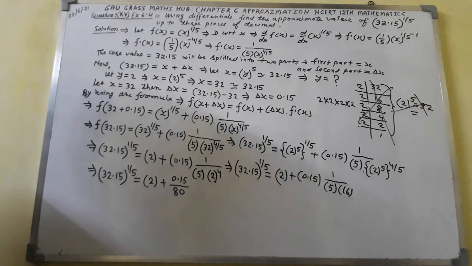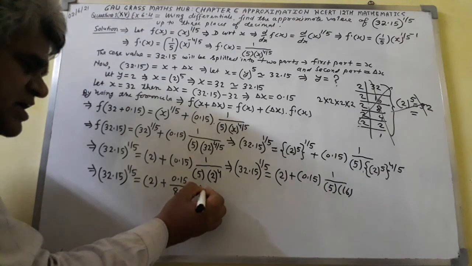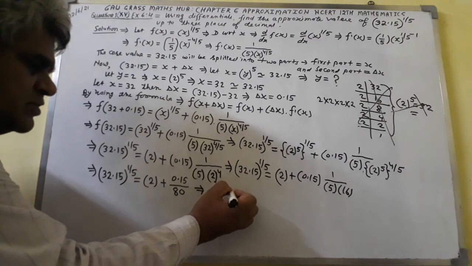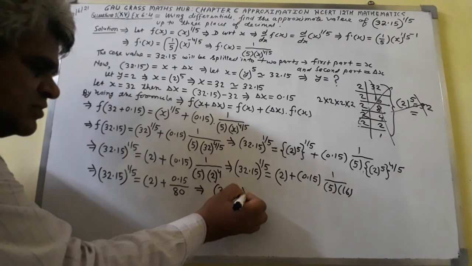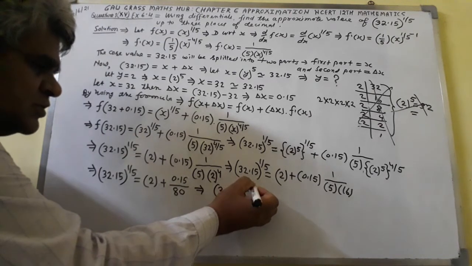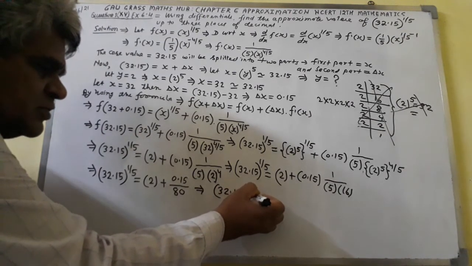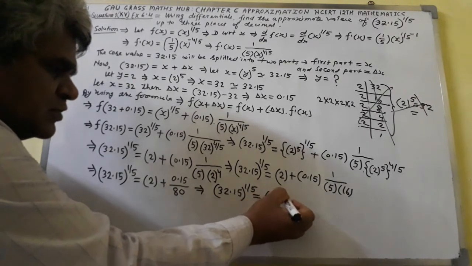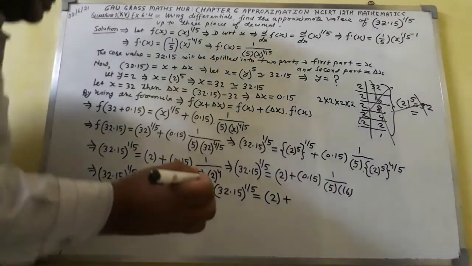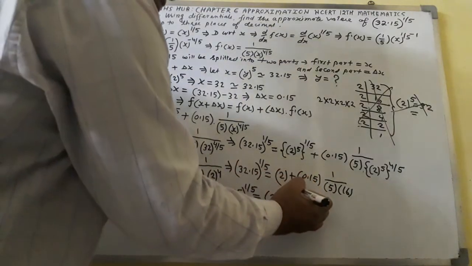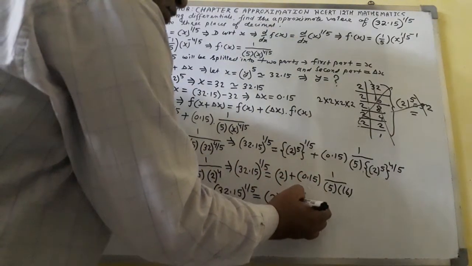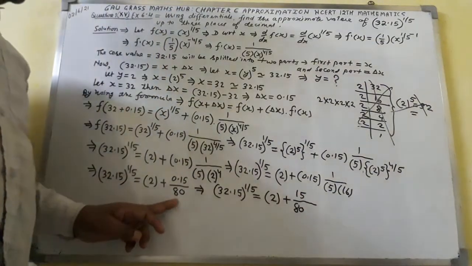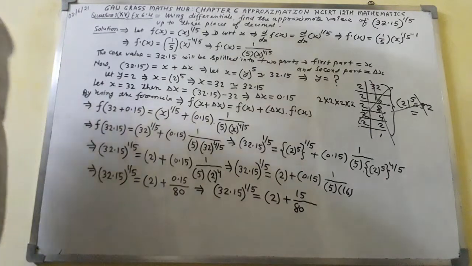So again I shall write, implied that 32.15 raised to the power 1/5 is equal to 2 plus 0.15 over 80.